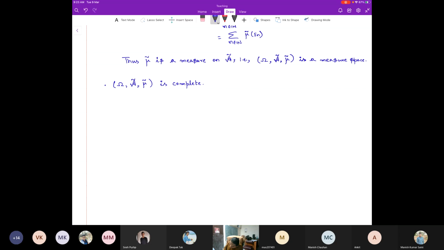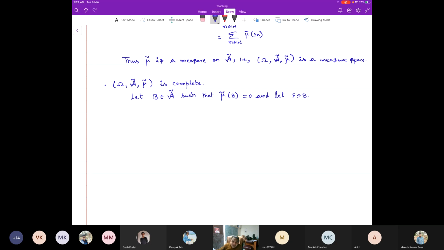So let B be in A tilde such that mu tilde of B is 0, and let F be a subset of B. So we will have to show that this F belongs to A tilde.